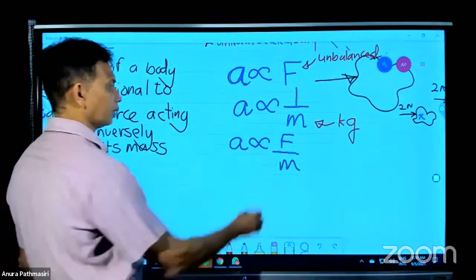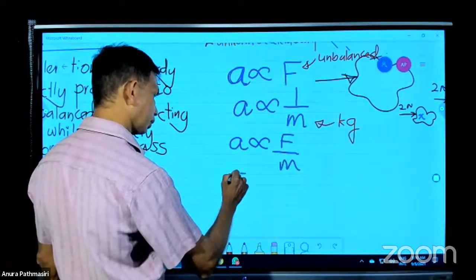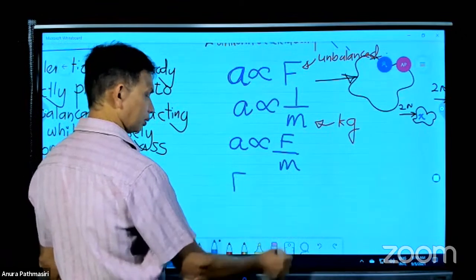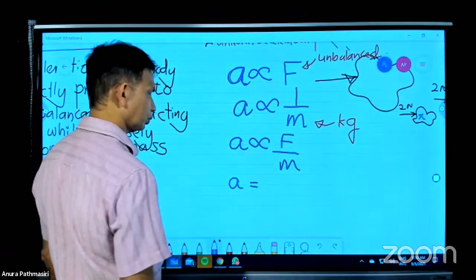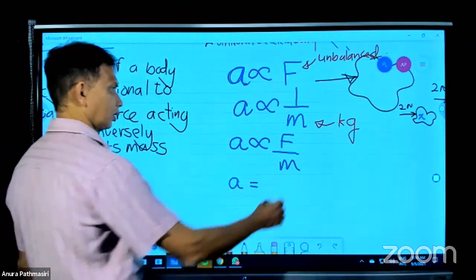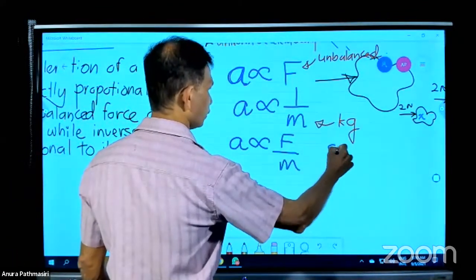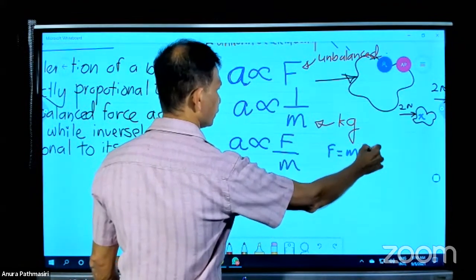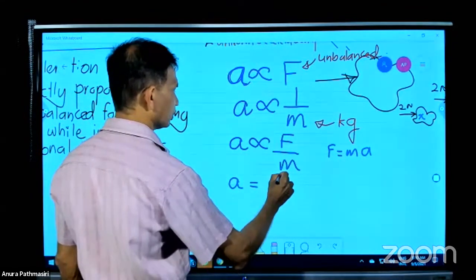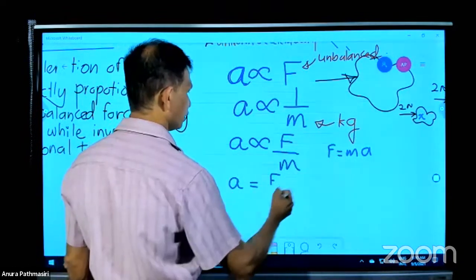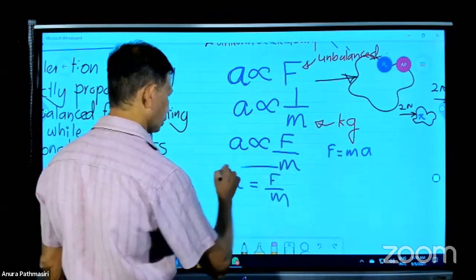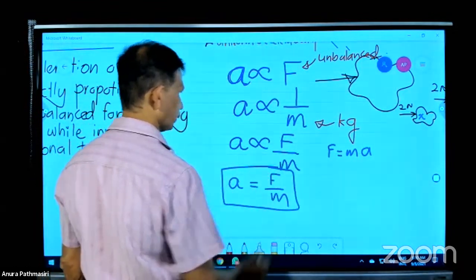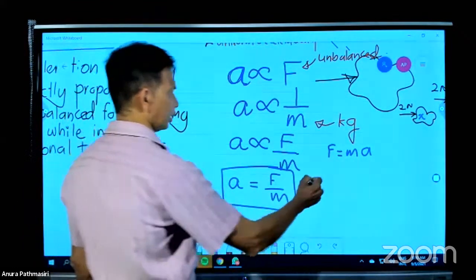So then we can have a combination: acceleration is equal to what? We can have F equals ma, then acceleration is equal to F divided by mass. You can have a constant value there and finally lead to the equation.